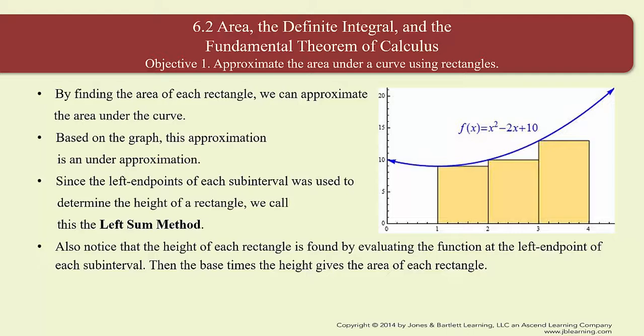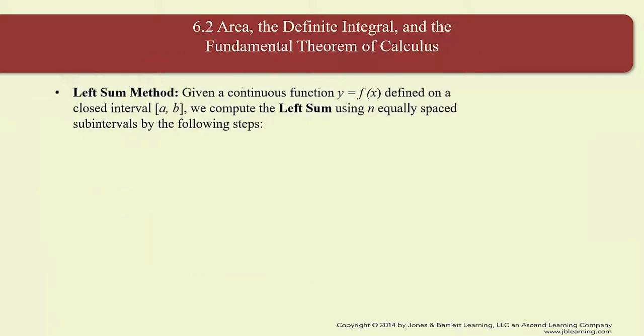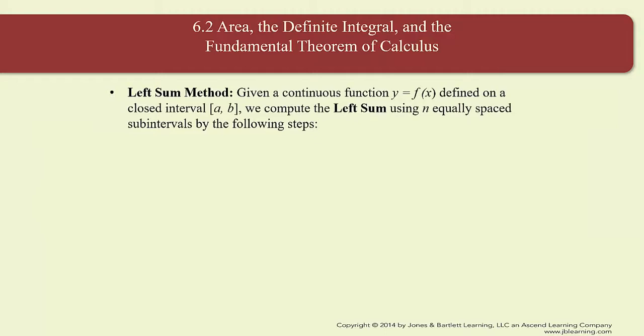So we could have used 3 rectangles where f of 2 would give us the height of the first rectangle, f of 3 would give us the height of the second rectangle, then f of 4 would give us the height of the third rectangle. And when we do that, that method is called the right sum method. I'm going to briefly go over that in a minute. So here's the left sum method.